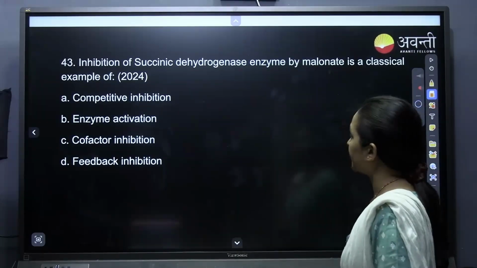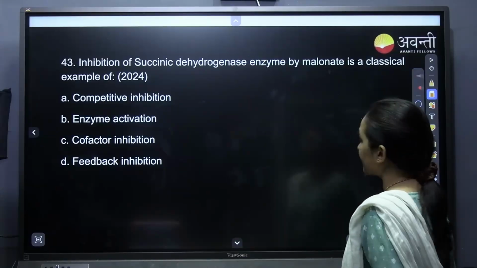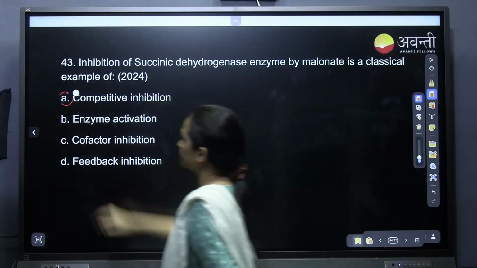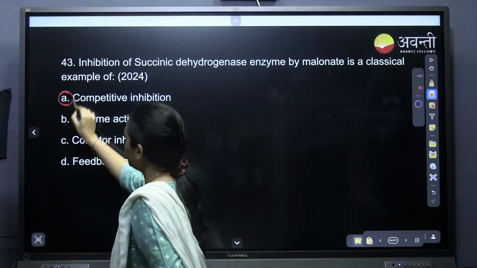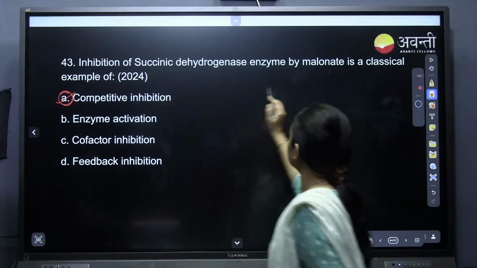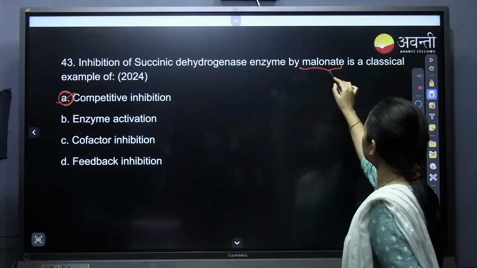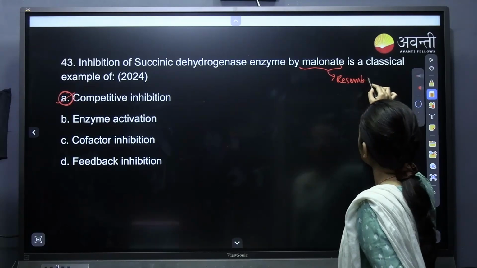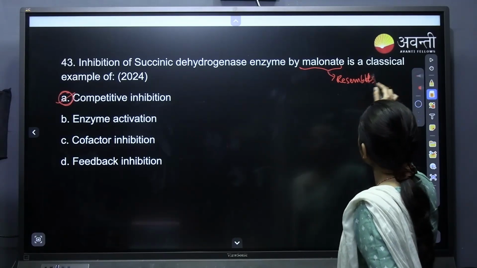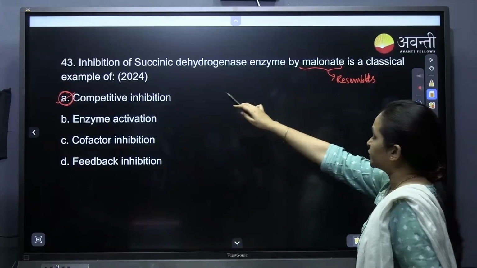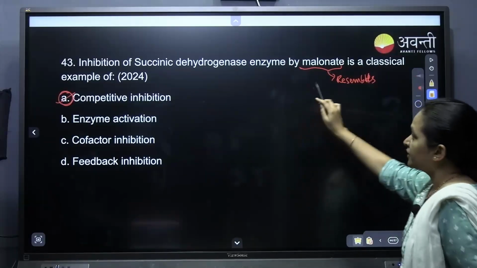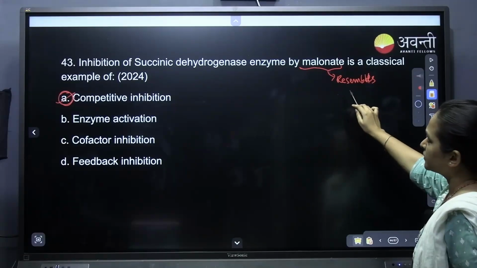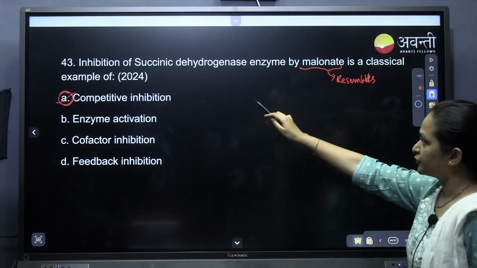Inhibition of succinic dehydrogenase enzyme by malonate is a classical example of competitive inhibition. This malonate actually resembles succinate.